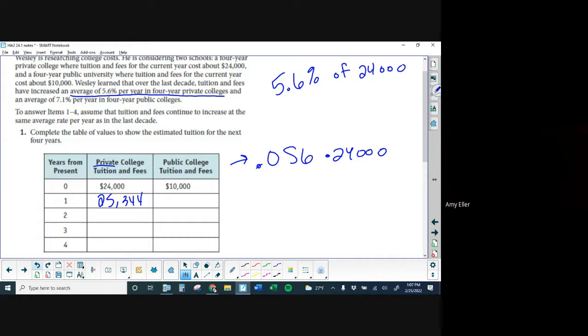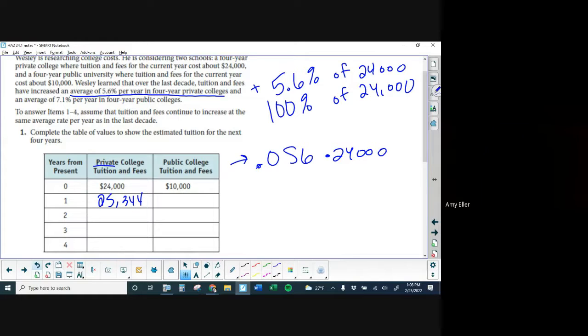Here's why that works. Because this is just the increase percent. But I already have to pay the 24,000. I have to pay 100% of the previous year, and an additional 5.6%.